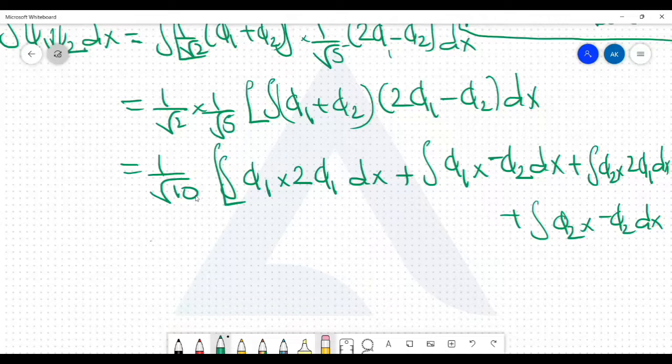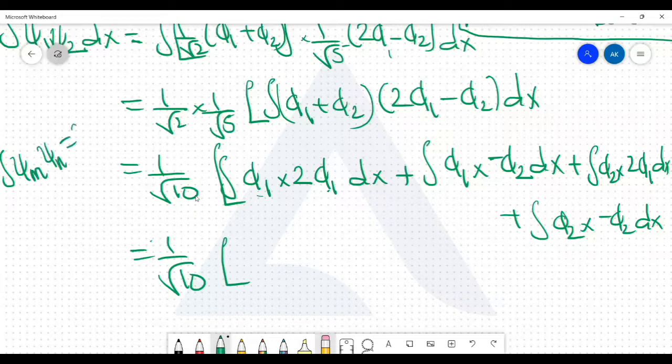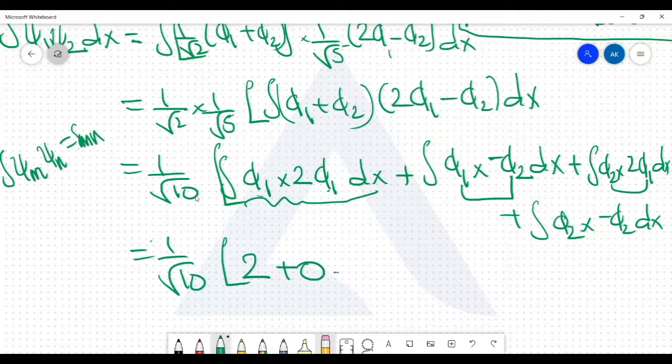Okay. So that will give you 1 by root 10 phi 1 with phi 1. We know that integral psi m psi n equal to delta mn. If the states are same, that will give you 1. Otherwise, that will give you 0. Therefore, this integration will give you 2 plus states are different, they are orthogonal, 0. Phi 2 with phi 1, 0. Phi 2 with this phi 2, 1.